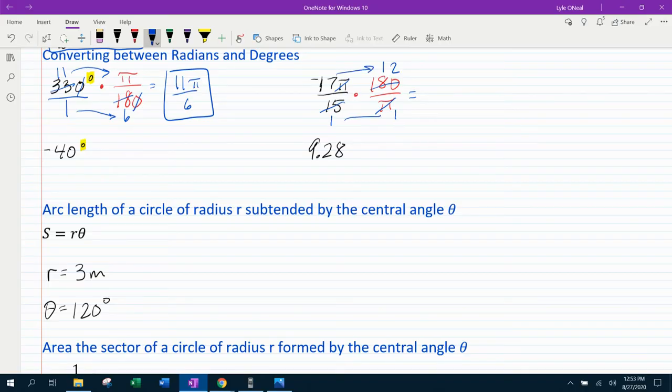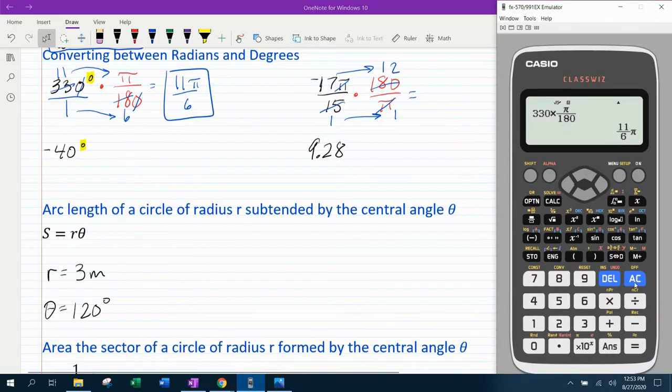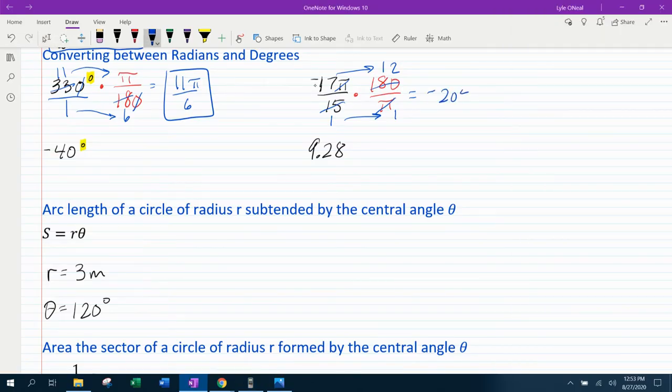And then if I multiply straight across, it's going to be something over 1, which is just going to be a whole number degree. And we can figure that out doing 17 times 12. 204, and it's going to be negative because the original angle was negative. So that's going to be negative 204 degrees. Negative 204 degrees.